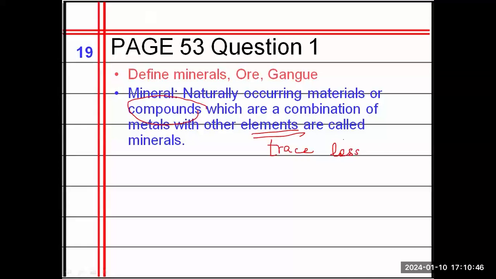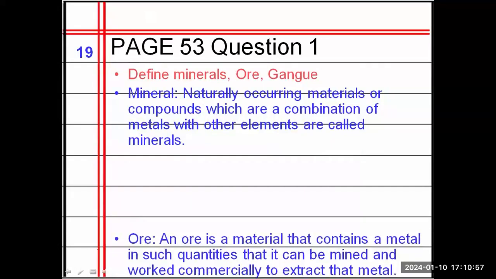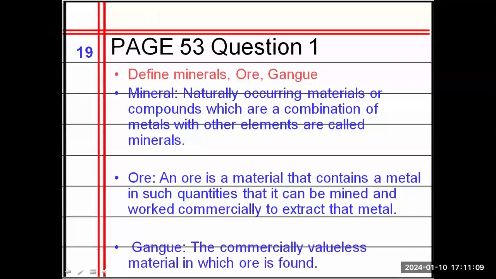So we will be able to extract metals from minerals, but it will be very costly, because minerals have less content of metals, and ores are the materials which have high amount of metals present in them. So it is profitable to extract metal from the ore. The valueless or the waste material which is present in the ore other than metal is called gangue.